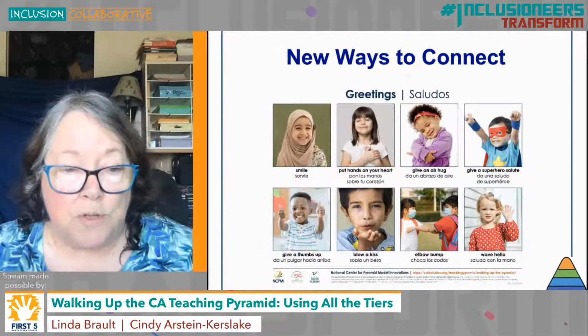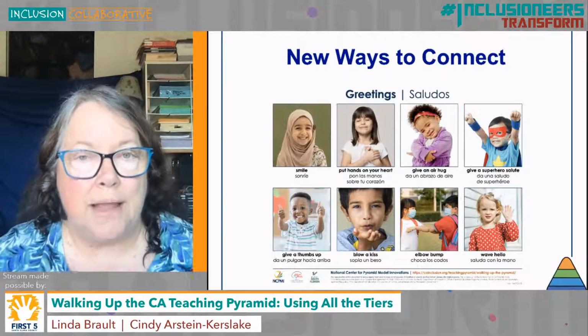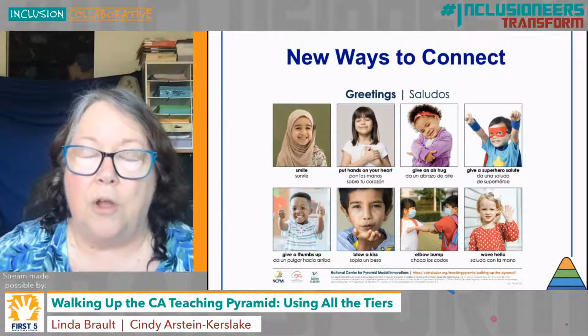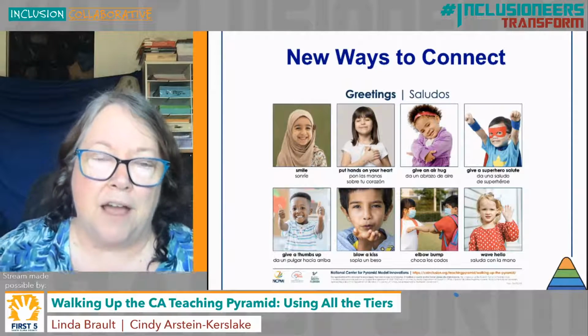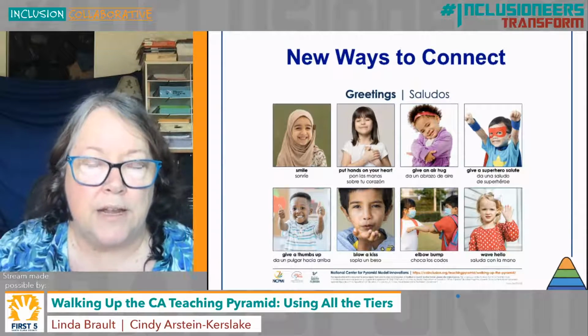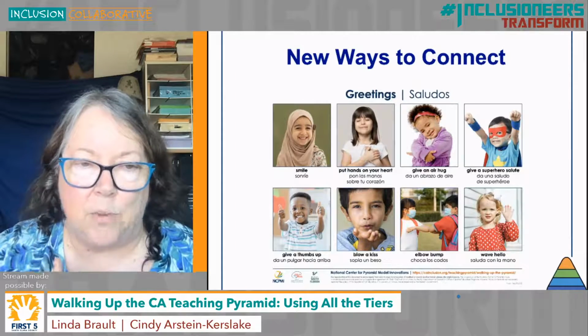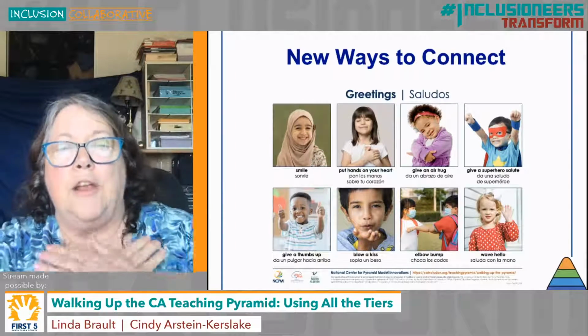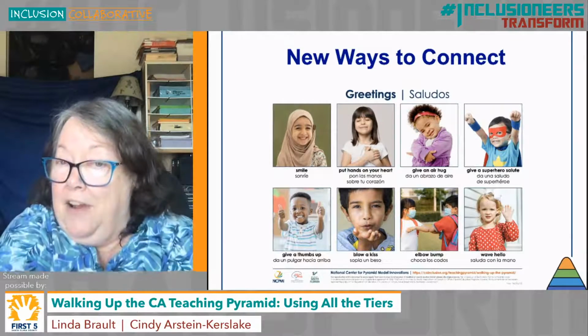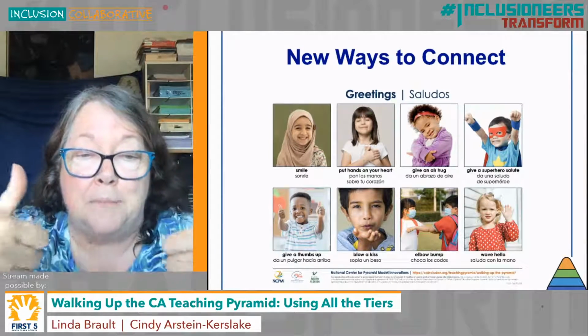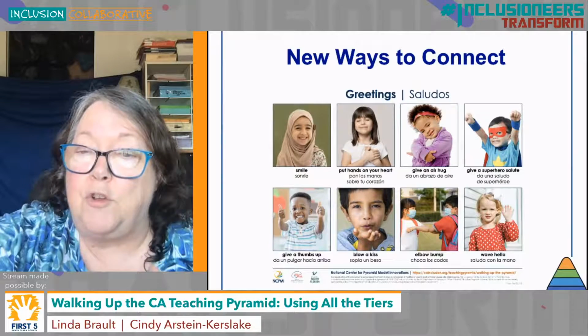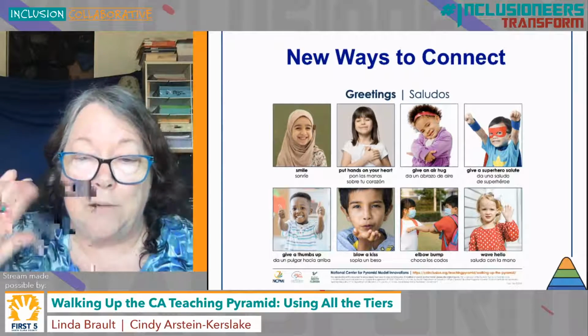So one of the tools that is available are some new ways to give greetings to one another. We know that lots of kids love to give high fives, they love to hug when they walk in the room. So here's some non-contact ways: smiling, putting your hands on your heart, giving an air hug, superhero salute, I love that one, thumbs up, blowing a kiss, elbow bump if you're comfortable with a little bit of contact, and waving hello.